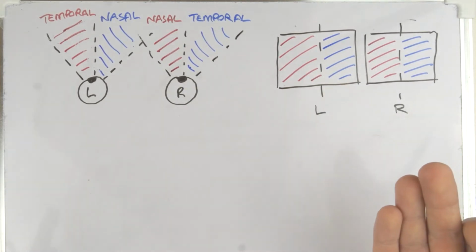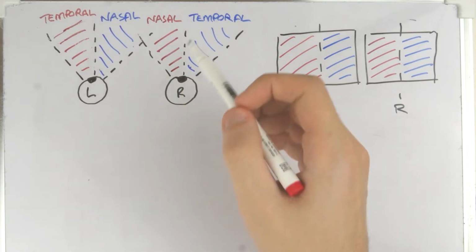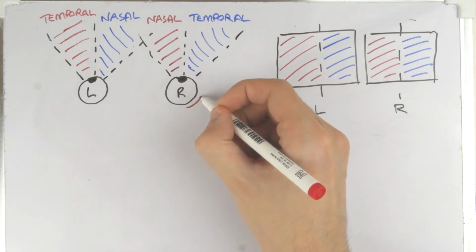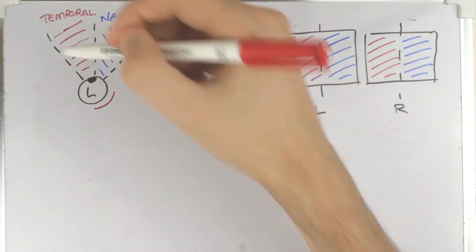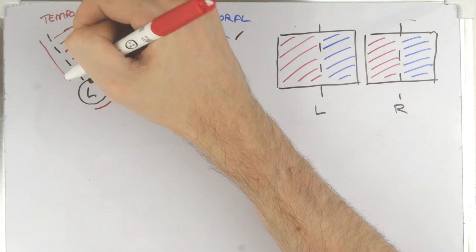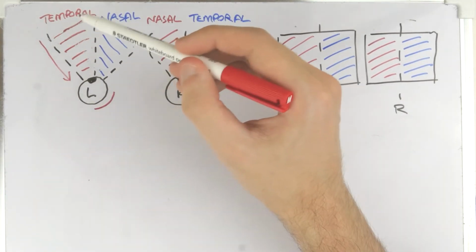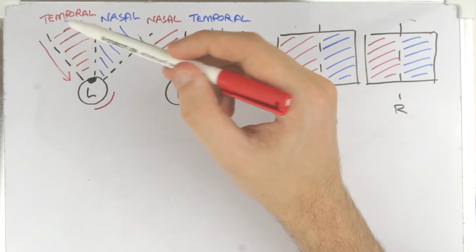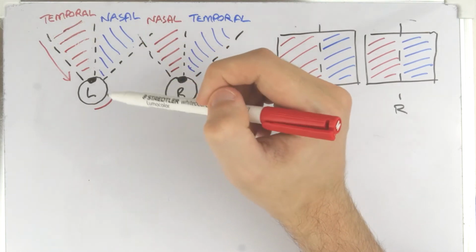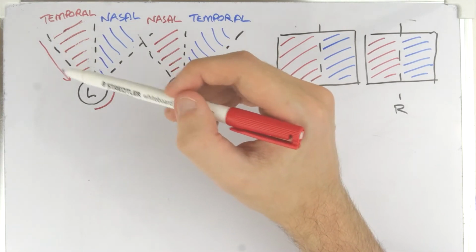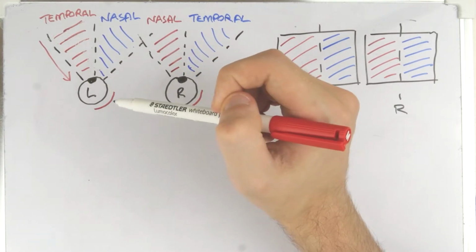This is fairly sensible. So we've got all this light that's coming in through the pupil and hitting the back of the eye in the space known as the retina. And what you have to imagine here is that because light travels in straight lines, always, the light that's coming through the pupil from the left side of the left eye is going to come through and strike the back of the eye on the right side, because it's got to strike in the opposite direction, if that makes sense.